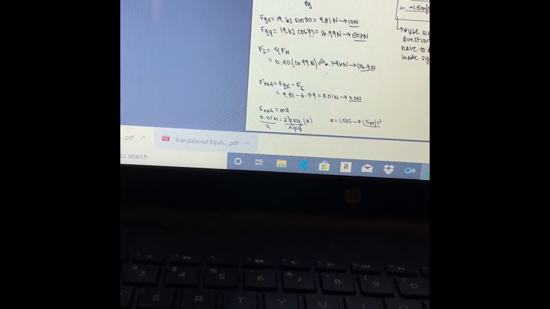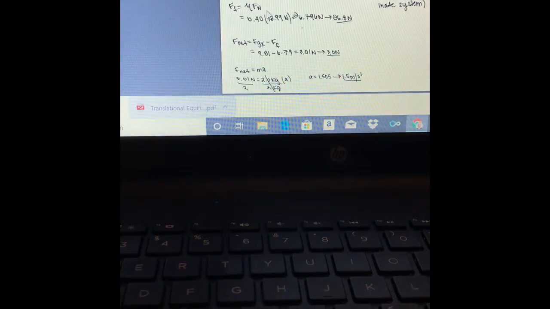And then FN equals FGY, because these two are opposites and they have to equal. So FN is going to be plus 17 newtons right here. So plus 17. Then to find FF, they give you the coefficient in the beginning of the problem right here.